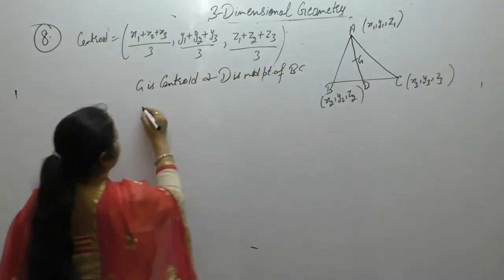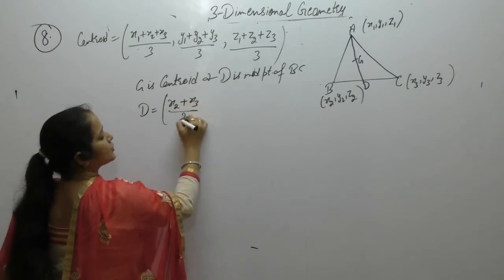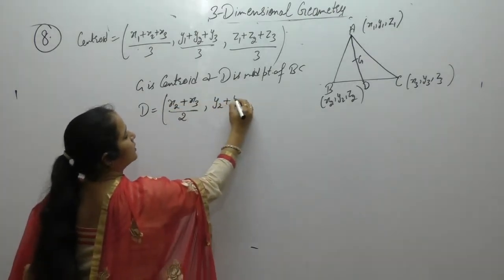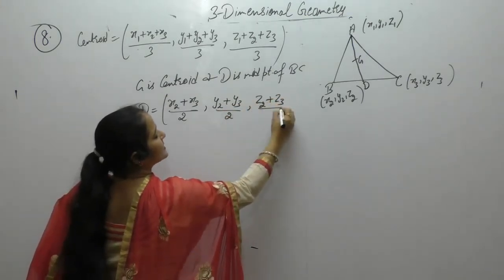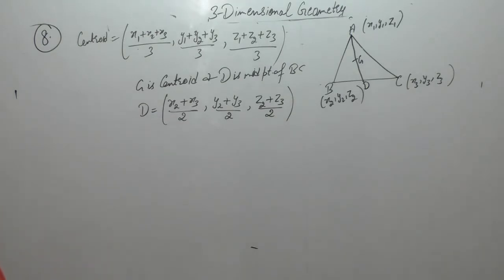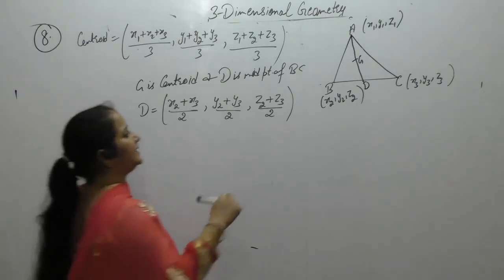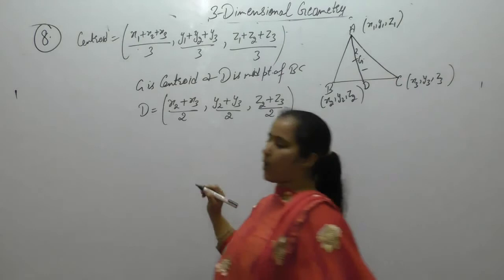If D is the midpoint of BC, then coordinates of D will be x2 plus x3 by 2, y2 plus y3 by 2, z2 plus z3 by 2. It is clear? Now G will be the centroid of triangle. Then G divides AD in the ratio 2:1.